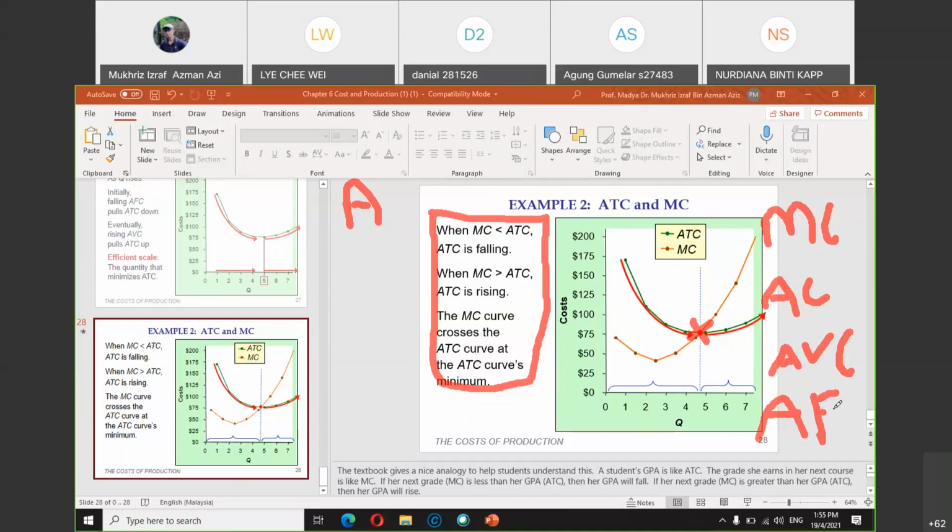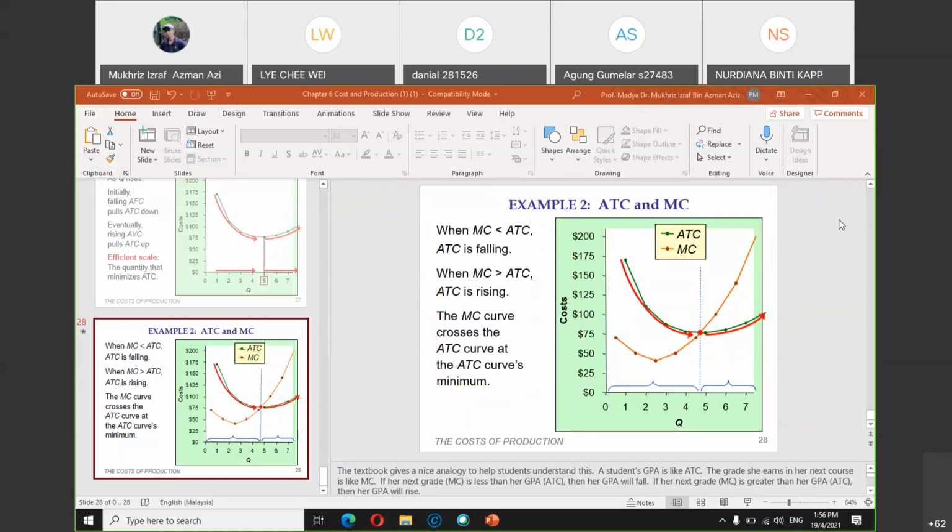You don't plot the graph in terms of total cost, because it doesn't really give much information on the relationship between the costs. But if you want to understand the relationship between the costs, you need to plot in terms of average cost, average variable cost, and also marginal cost. Okay, so here you can just see the simple summary.